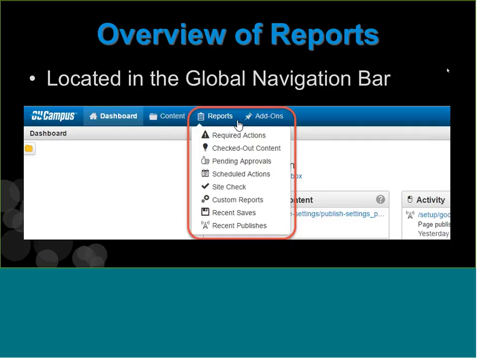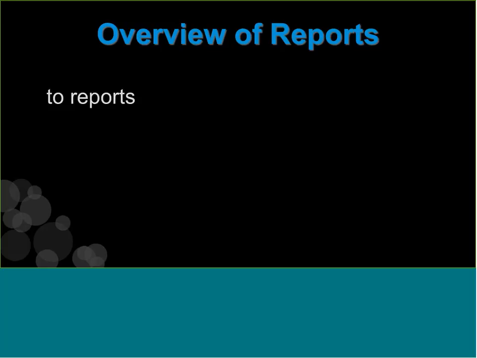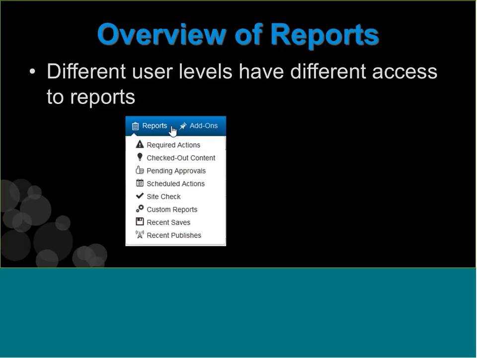In addition to that, there are some interesting things that can happen depending on what your user level is when it comes to viewing reports. Lower level users have a different view of the types of reports that are available to them. If you're a level 9 or a level 10 administrator, you're going to see all of the reports that are available, required actions all the way down to recent publishes with site check, custom reports, and things like that in between.